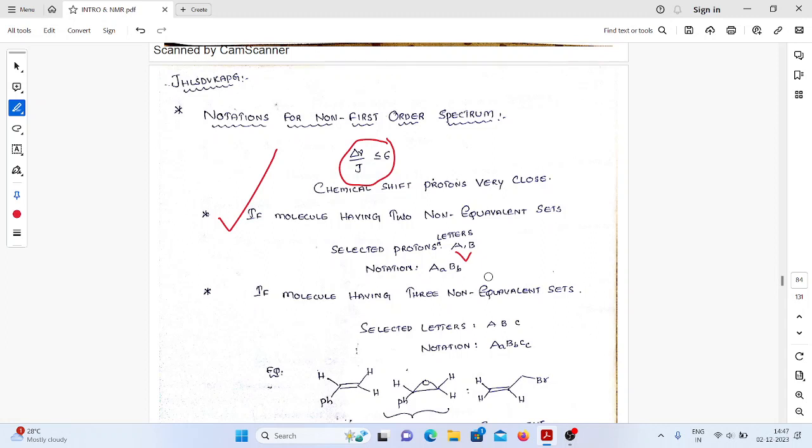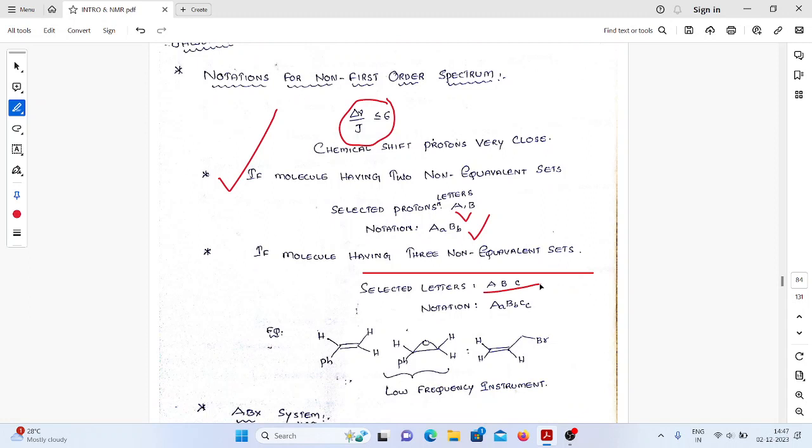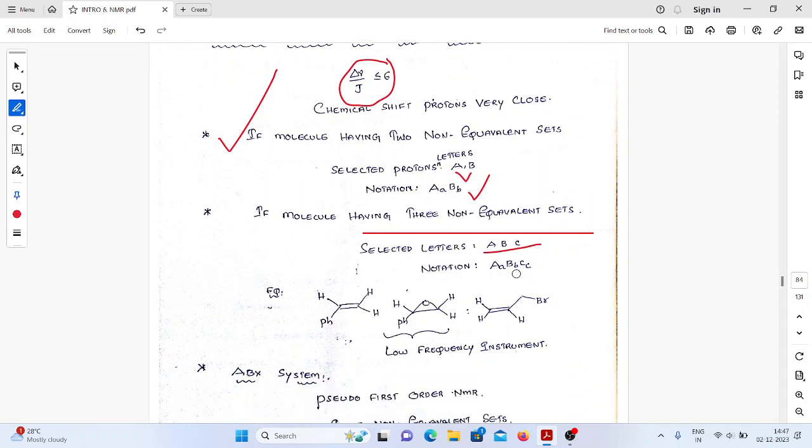If you see the series ABCD, A and B are side by side, right? That's why people consider AB. If the molecule has three non-equivalent sets of protons, consider ABC. In the case of the ABC system, the examples are the same as whatever examples we have taken in the AMX system. But there we used a high frequency instrument, and here we are using a low frequency instrument.